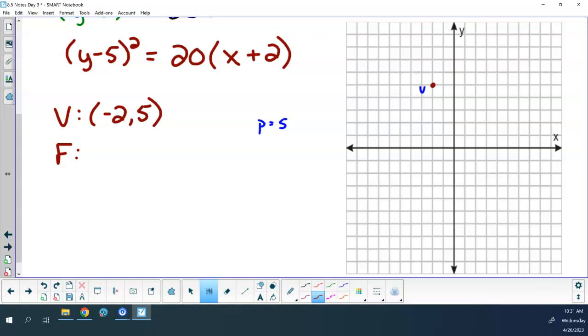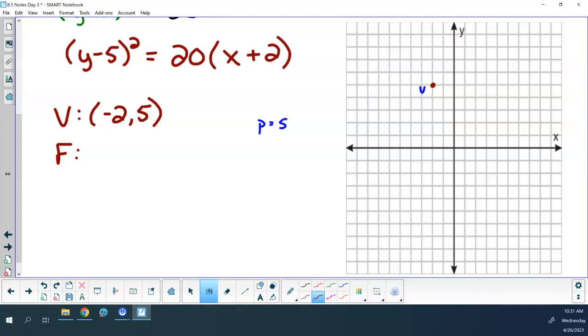Should be on your supplemental sheet. Negative 2, 10 for the focus. One agreement on negative 2, 10. Not the important person agreeing with negative 2, 10. That being me.